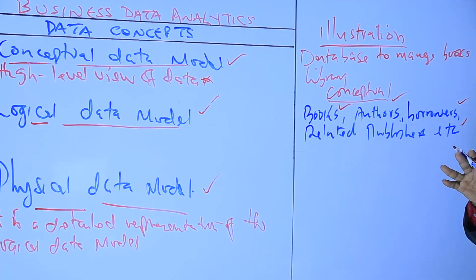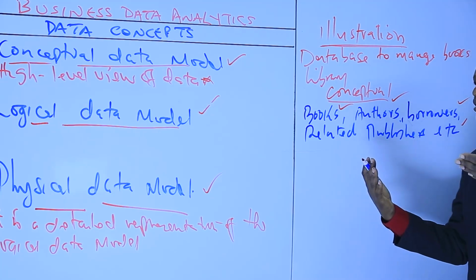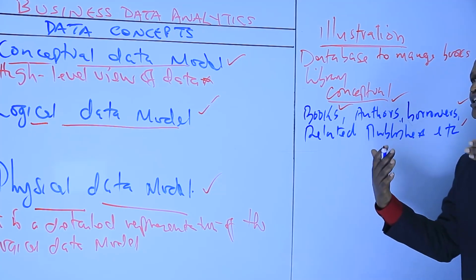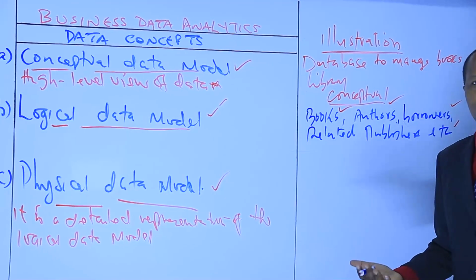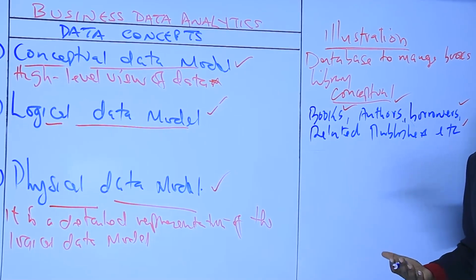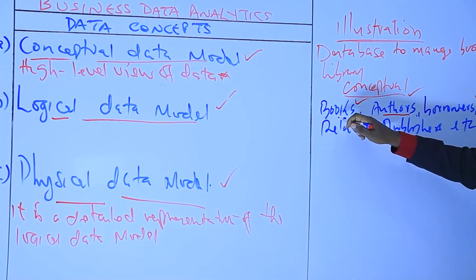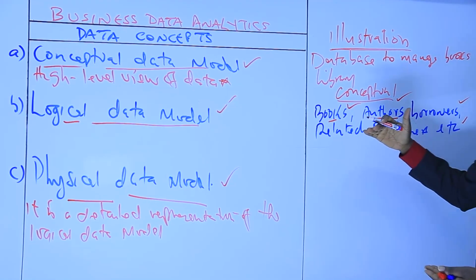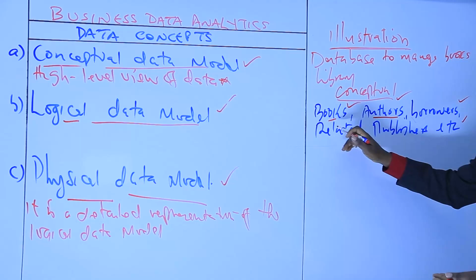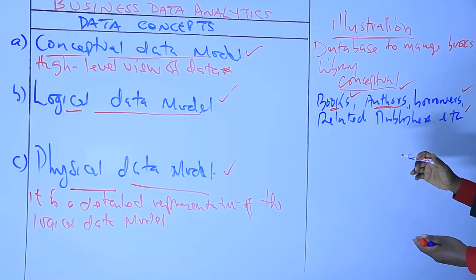The relationship, I'm talking about the relationship within this database, may include, for example, a relationship like an author being able to write any book. This is a relationship between different entities. Books is an entity, authors is an entity.